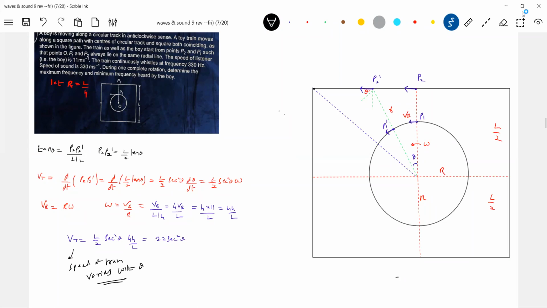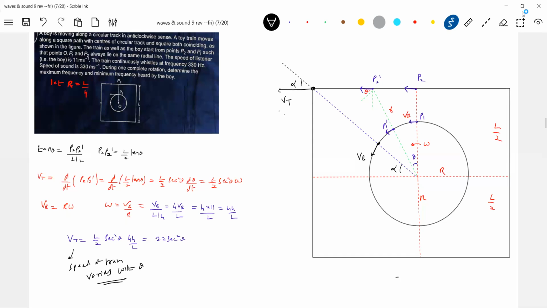So when the train is here, it will have velocity, say Vt, and the person will be here. Agree with this. Now resolve this particular component of velocity. How much will this angle be? Say alpha. I think it should be 45 degrees.